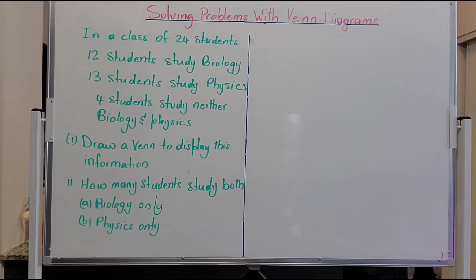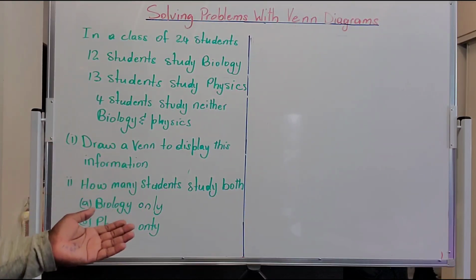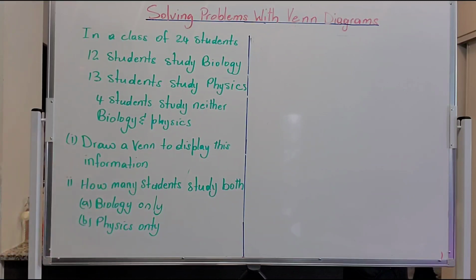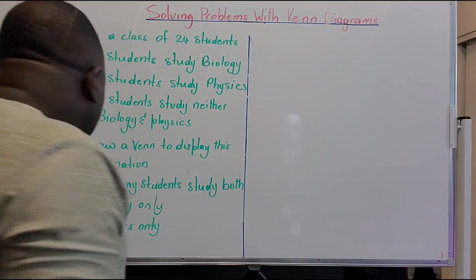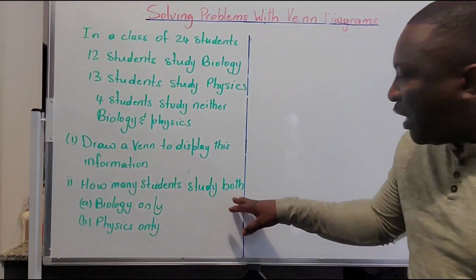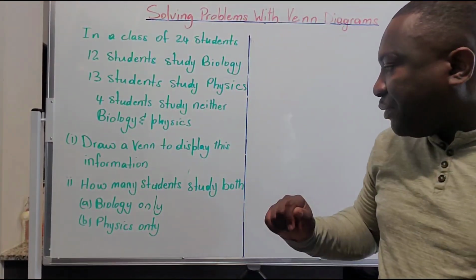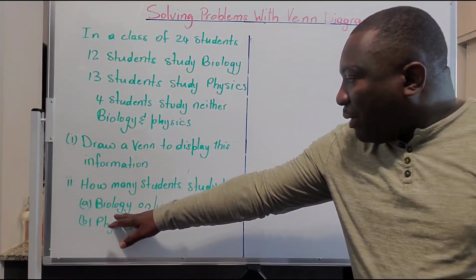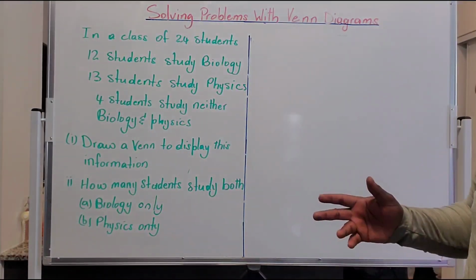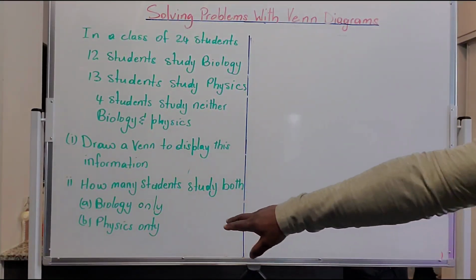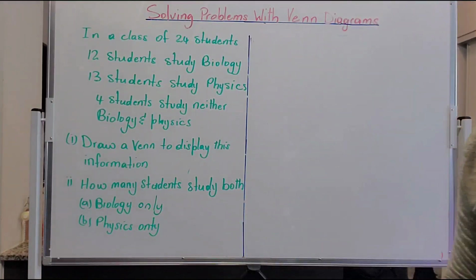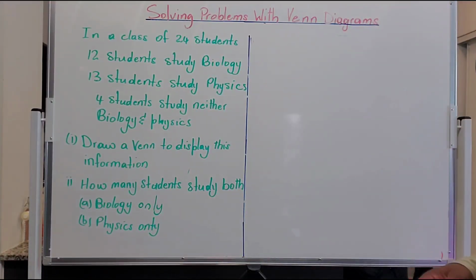The problem wants us to illustrate or show this information on a Venn diagram. It also asks us to find how many students are doing both subjects, how many students are studying just biology, and how many are focusing just on physics.